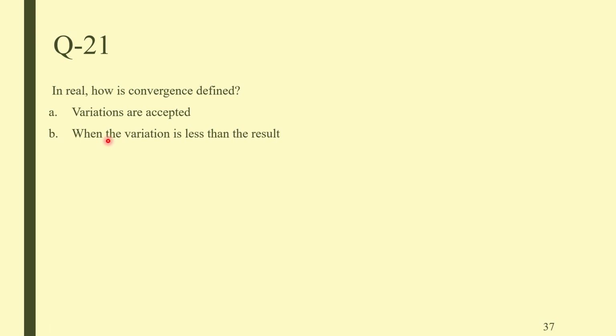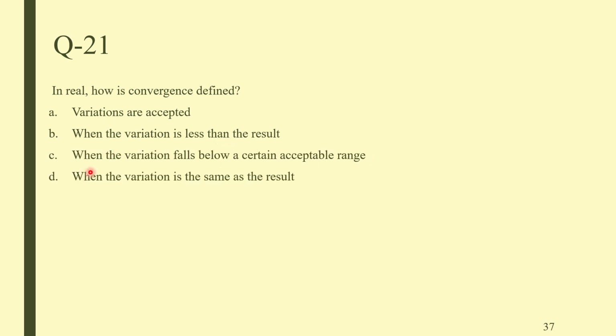And now we'll go to question 21. In question 21, how is convergence defined in reality? Variations are accepted when variation is less than result, when variation falls below a certain acceptable range, or when variation is the same as the result. This is what we saw just now. Between two consecutive iterations, if it is the same result, we call it convergence.